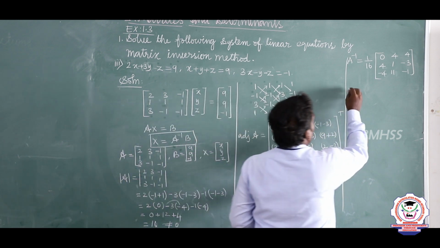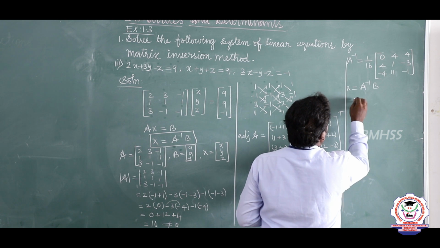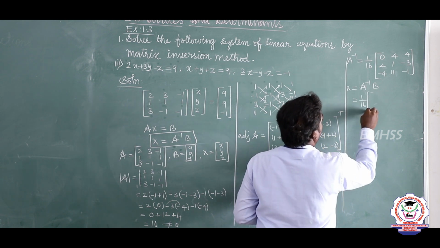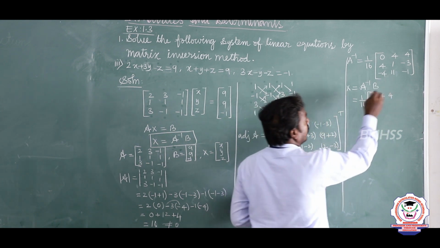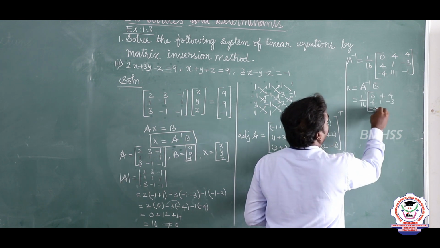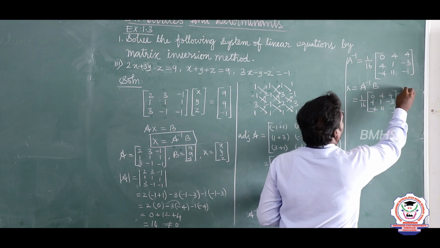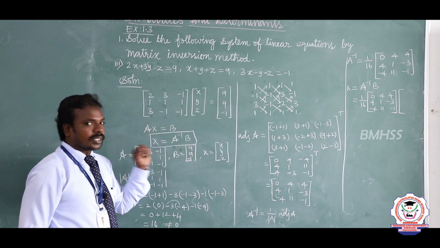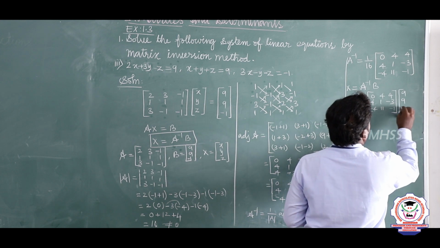So, the A inverse matrix is 1 by 16 and the adjoint matrix: first row 0, 4, 4; second row 4, 1, minus 3; third row minus 4, 11, minus 1. The B matrix is 9, 9, minus 1.